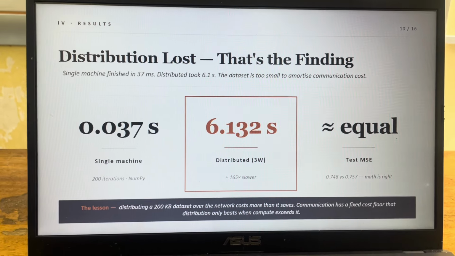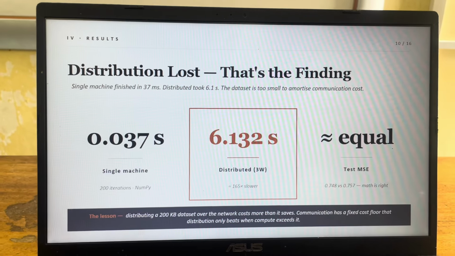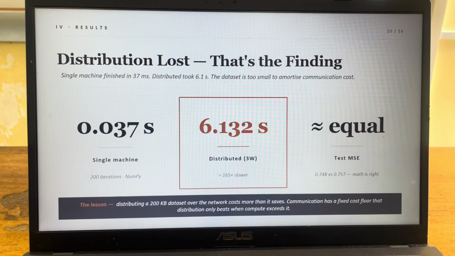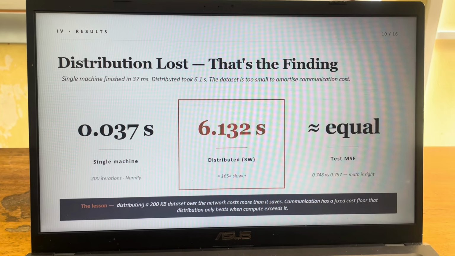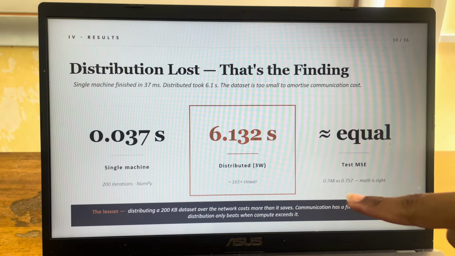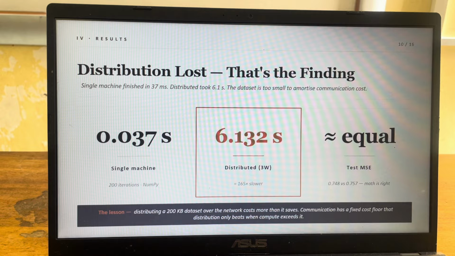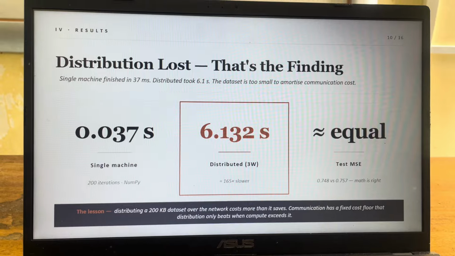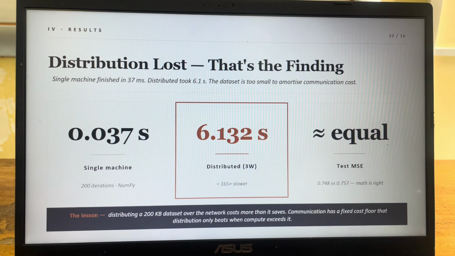So you can see that the single machine took about 0.037 seconds, and the distributed, which had 3 workers, took about 6.132 seconds.